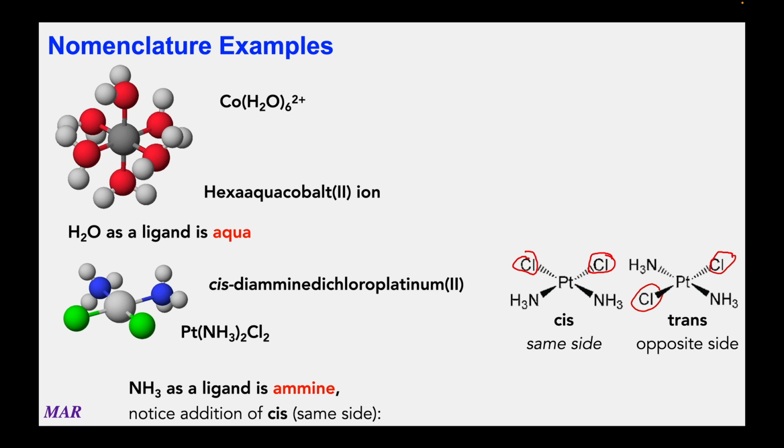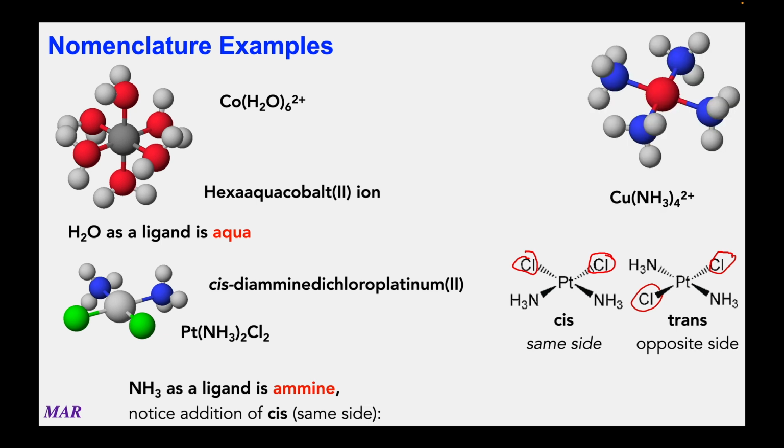So this compound is cis-diammine dichloro platinum(II). And yes, you could have a trans-diammine dichloro platinum(II). The chlorines would be 180 degrees from each other, and the ammonias would be 180 degrees from each other. So this is just another little perturbation to think about when you're naming these.